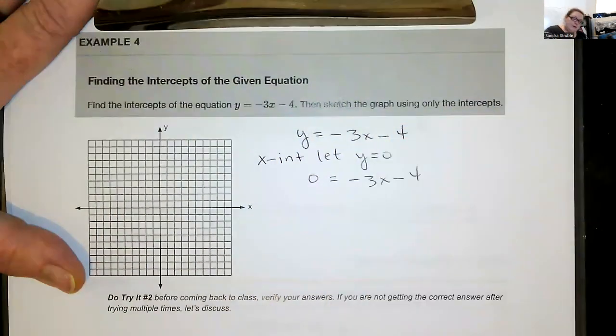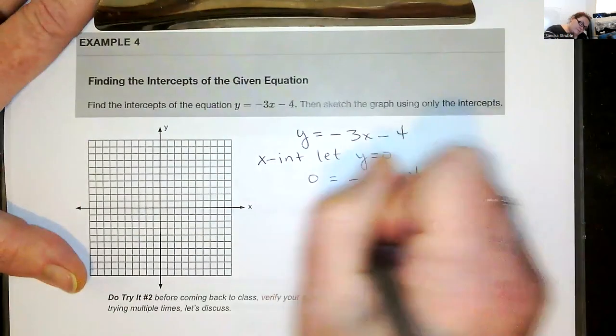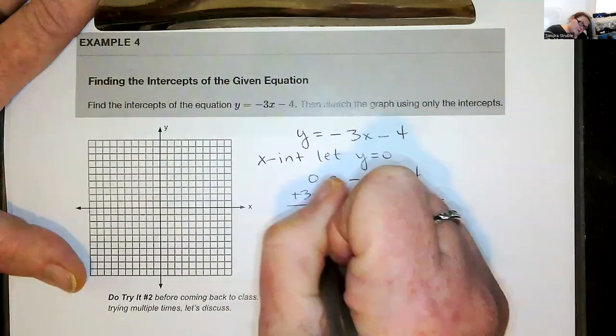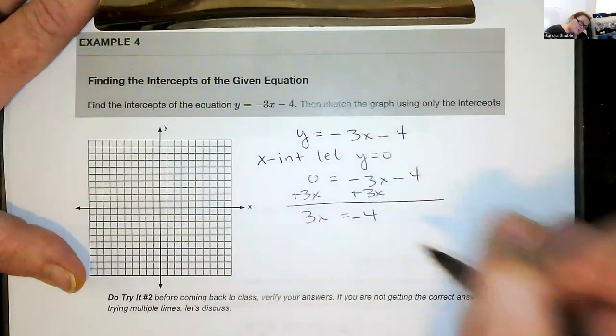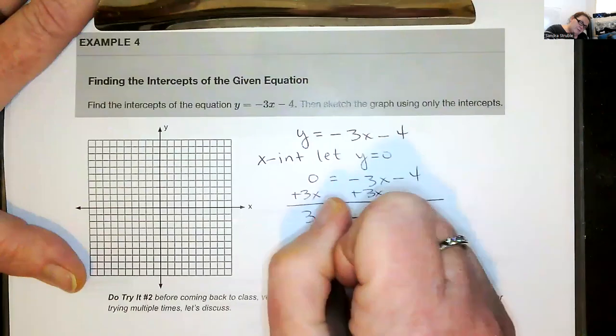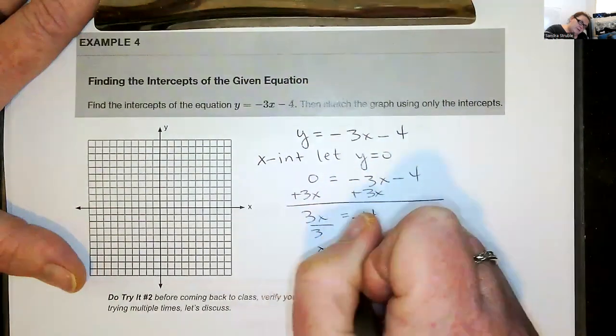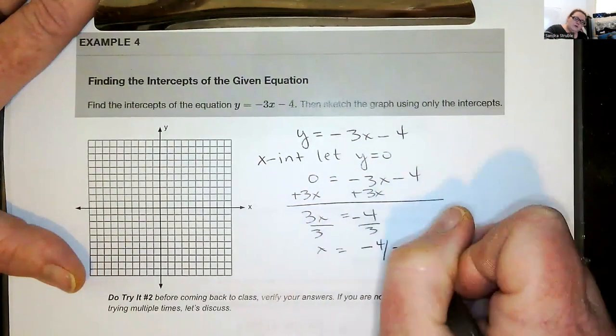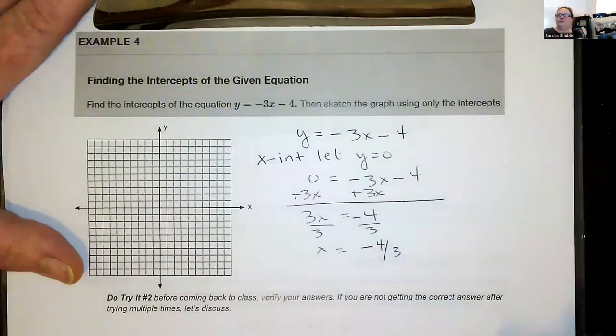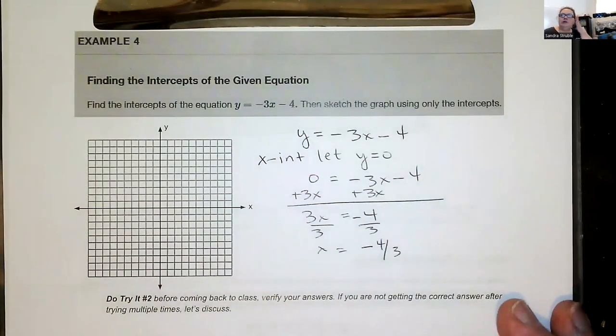I'm going to move the negative 3x over. So 3x equals negative 4. And divide both sides by 3. X equals negative 4 thirds, or 1 1/3, or 1.33 continuous. It's totally your call.